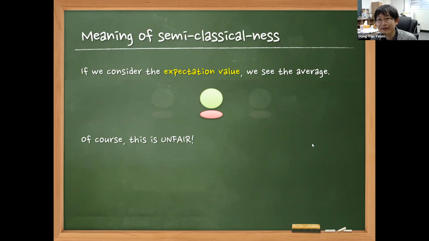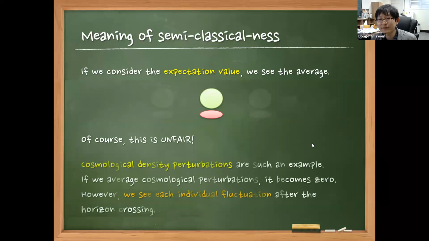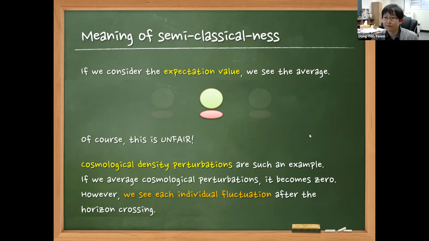I think this is a remarkable point. Cosmological density perturbations are such an example. If we average all the cosmological quantum fluctuations, the result is just 0. The average value is just the classical trajectory.